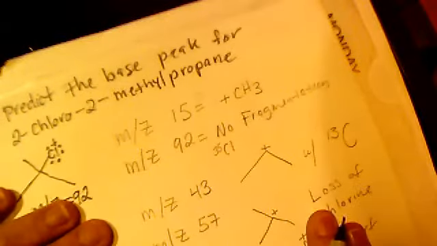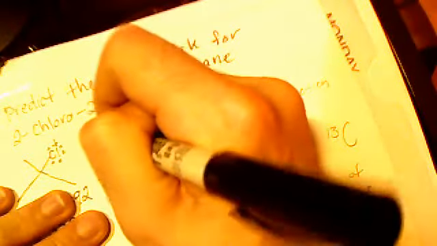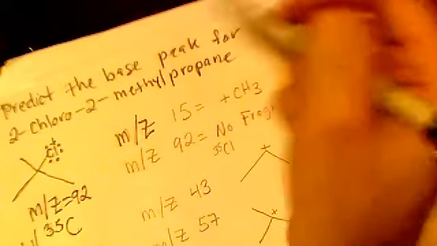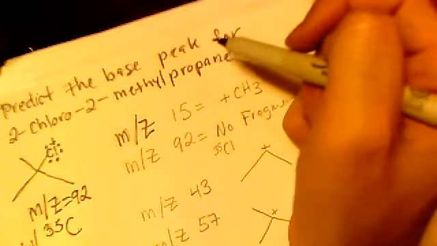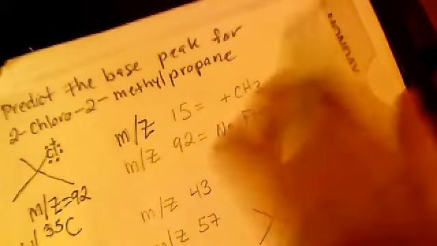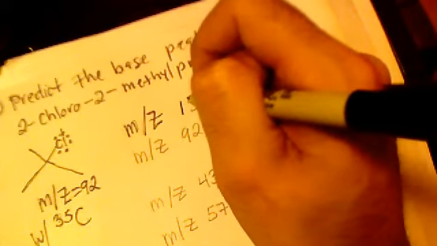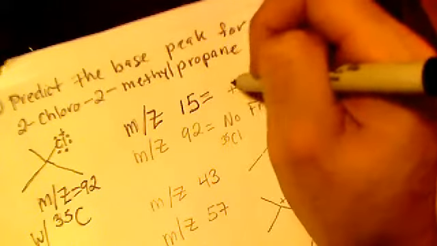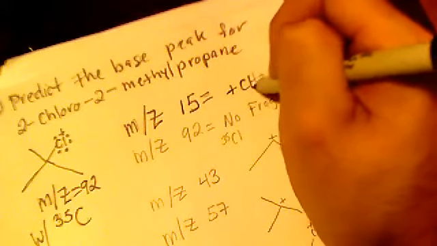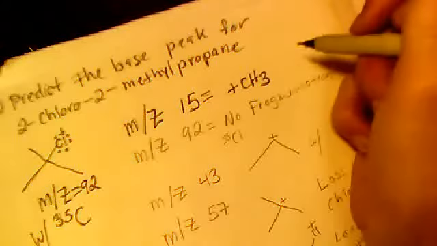The choices that they give us are mass to charge ratios. The base peak is the most abundant. What is the most likely fragmentation of this molecule? So if it's MZ 15, that means that there's a positive methyl group that left, right?